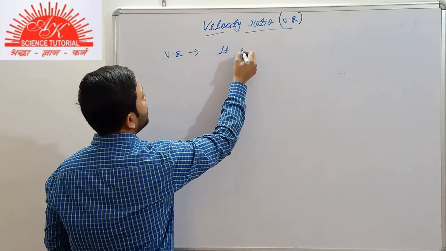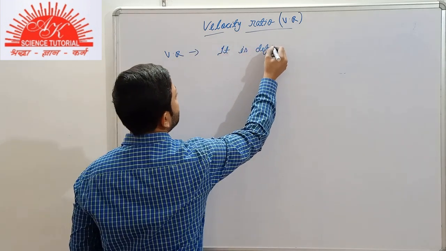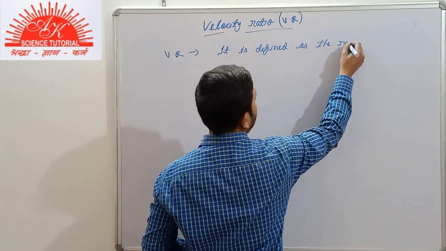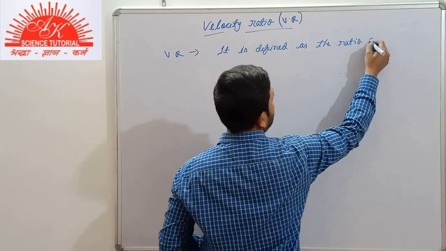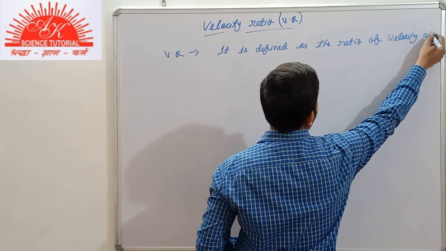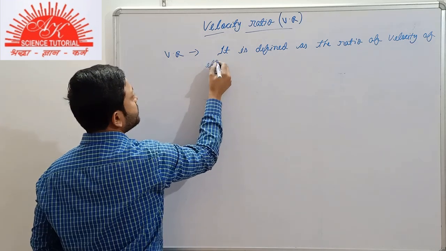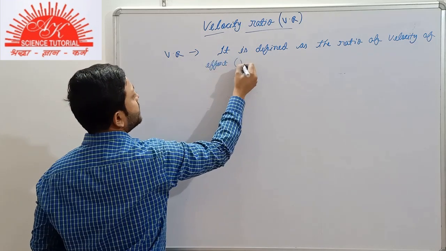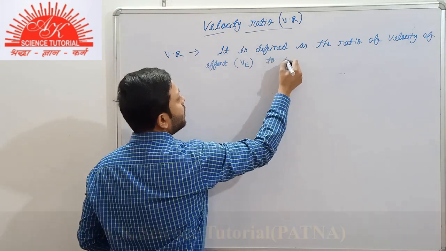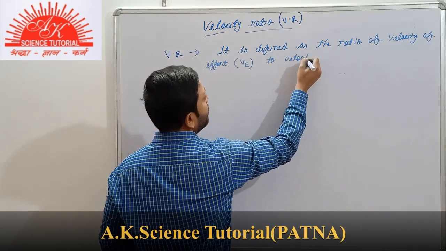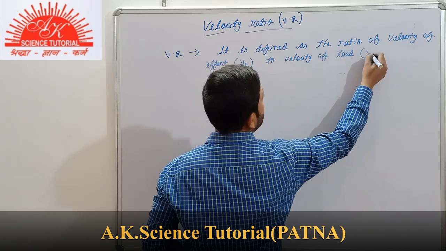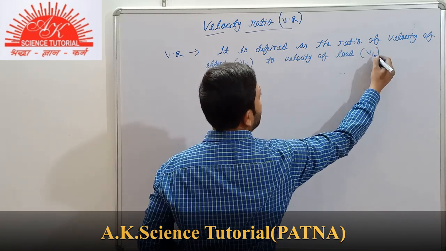It is defined as the ratio of velocity of effort, that is denoted by VE, to the velocity of load, that is generally denoted by VL.